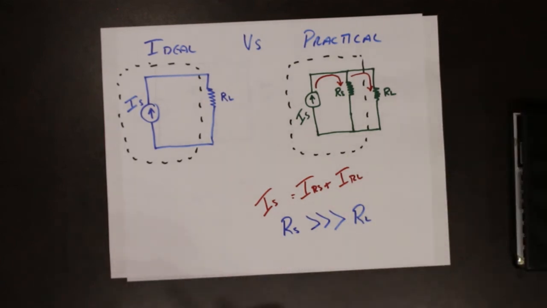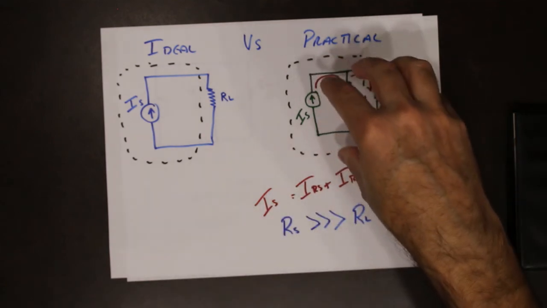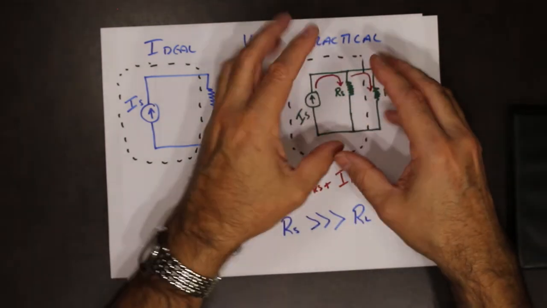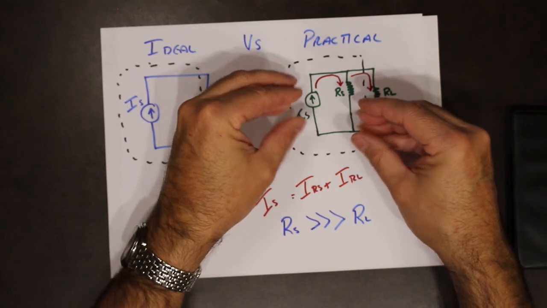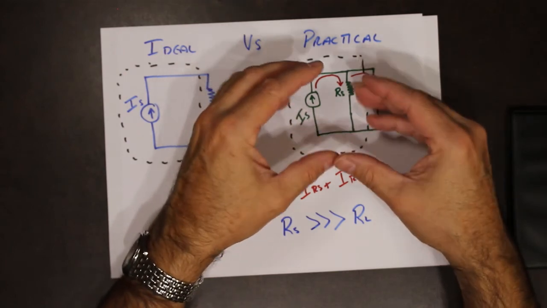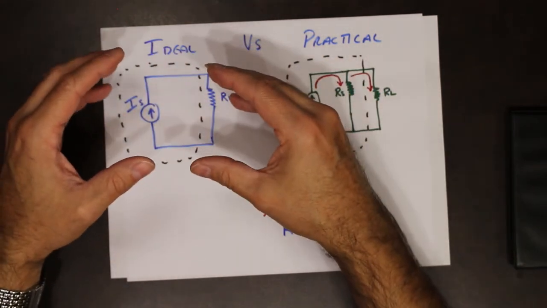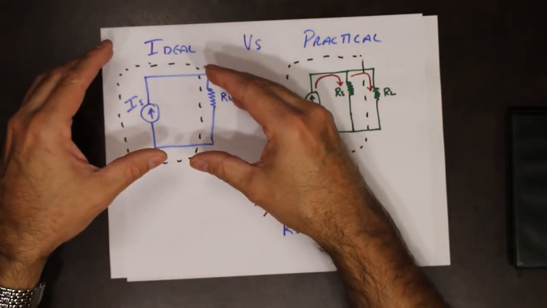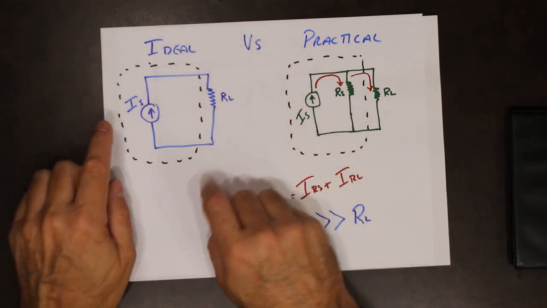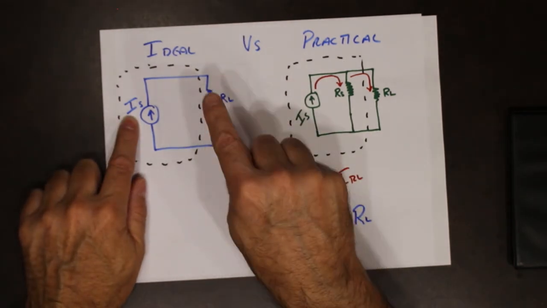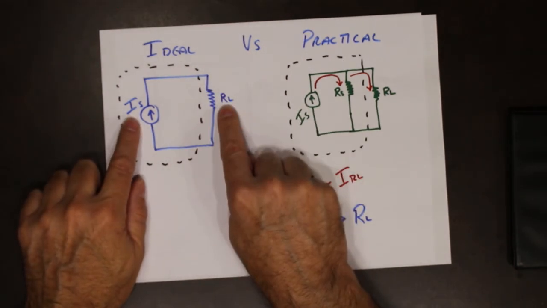With the voltage source, remember RS had to be a lot smaller than RL. In the current source, RS has to be a lot larger than RL. That way, we are taking the practical, real world scenario and emulating as close as we can what the ideal scenario is. Remember, the ideal is whatever current leaves the source goes to the load.